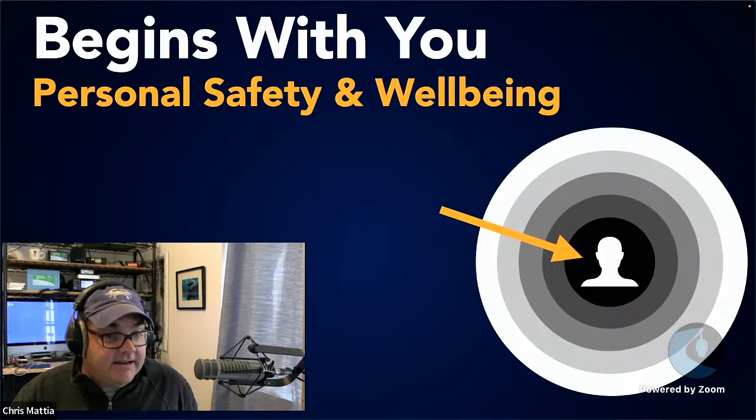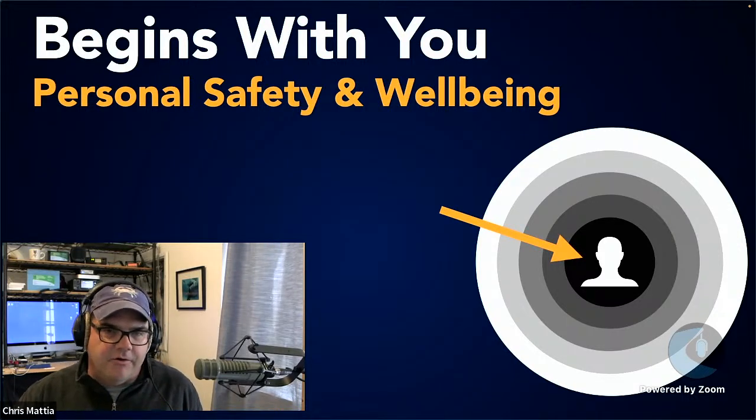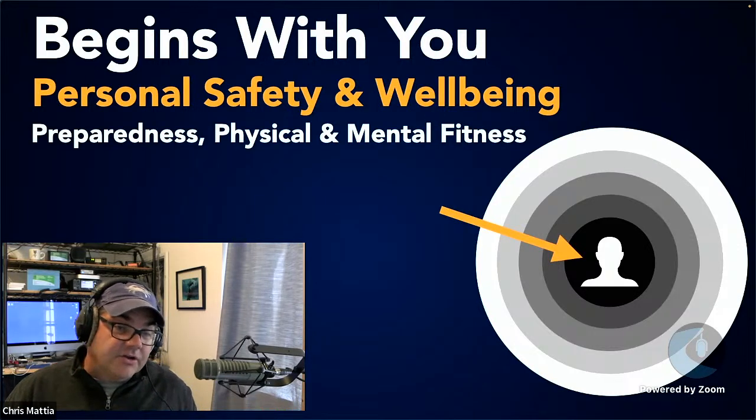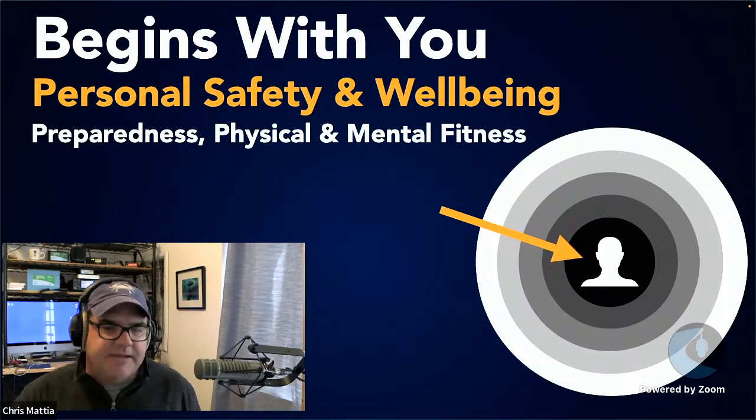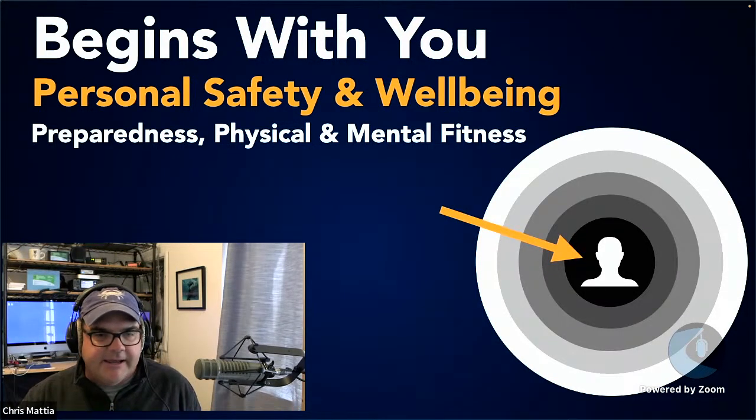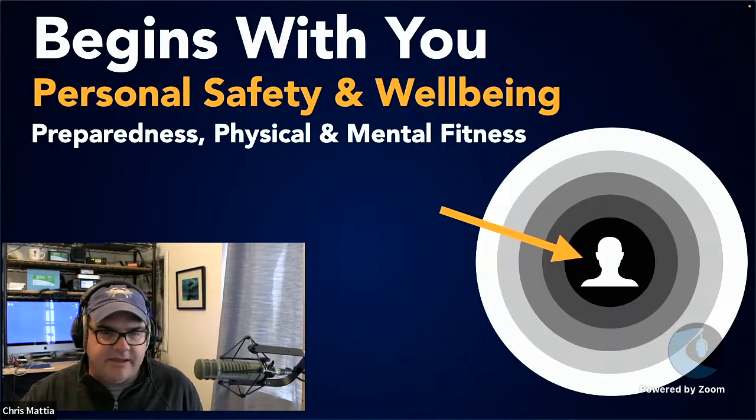So take an immediate inventory of your own personal safety, the area around you, your own well-being, and your level of preparedness, whether you are physically and or mentally fit to be able to deal with the situation, or whether you need assistance in getting yourself out, having any aid rendered to you as well.